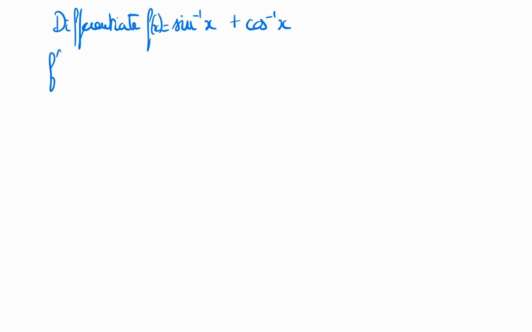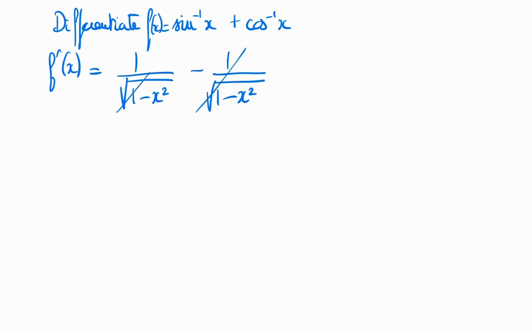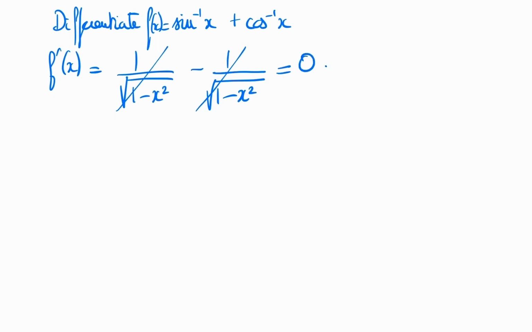So f prime of x is equal to the derivative of sine minus 1, which is 1 over root of 1 minus x squared, as demonstrated above, and the derivative of cosine minus 1 is minus 1 over root of 1 minus x squared. Okay, so they cancel each other, so it's equal to 0.